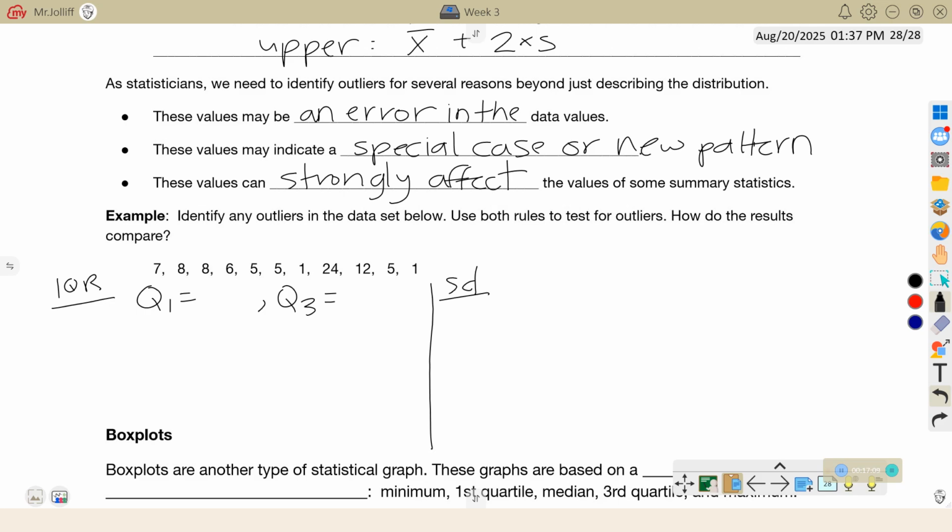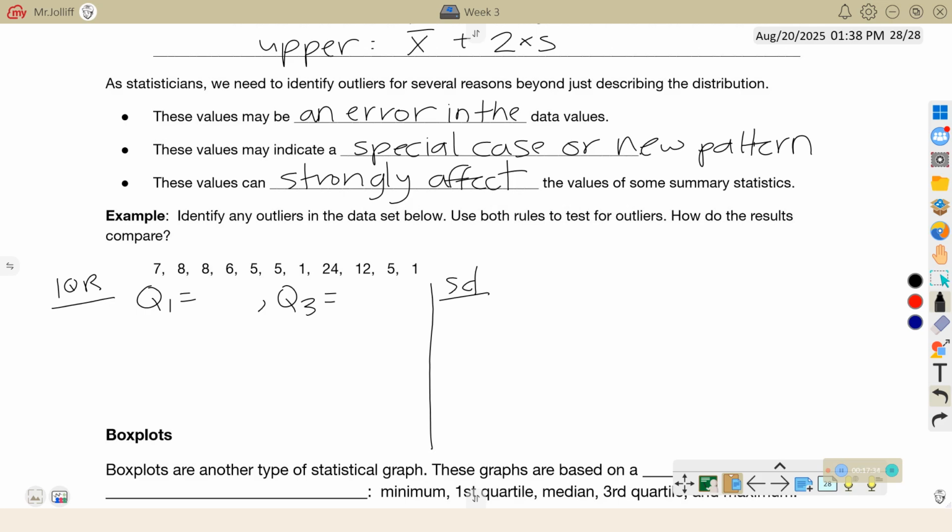And then you scroll down. And I think you mistyped because those values are a little bit off of what they should be. So double check your data list. Yes. Stat, over to calc, enter for 1-var stats, and then enter, enter, enter. And you scroll down. Very good.